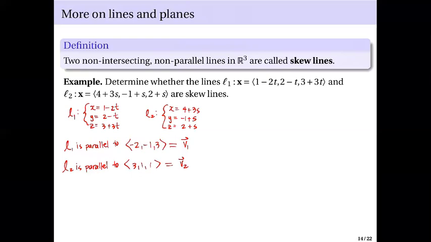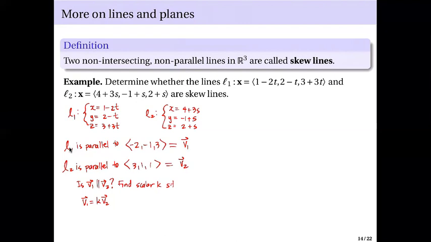Meaning, can we find a scalar K such that V1 equals K V2? If there's none, therefore they are not parallel.